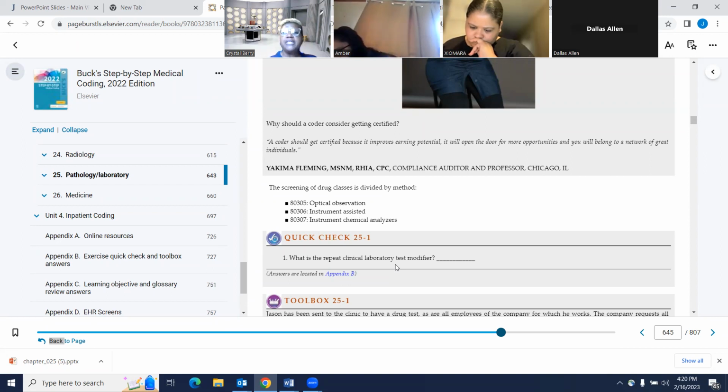What is the repeat clinical laboratory test modifier?